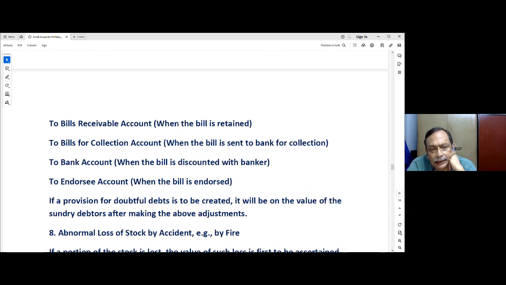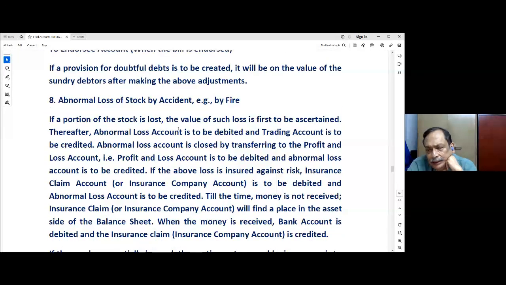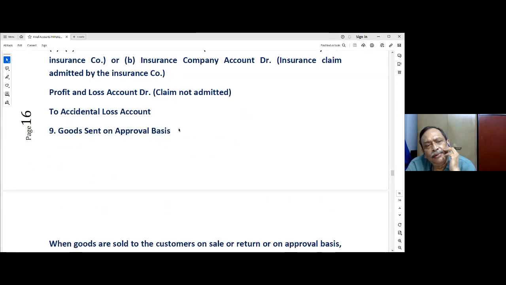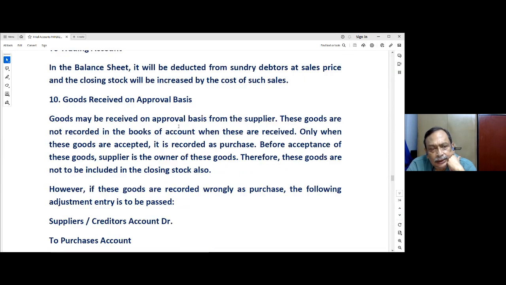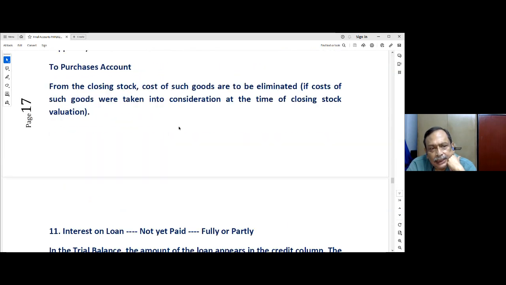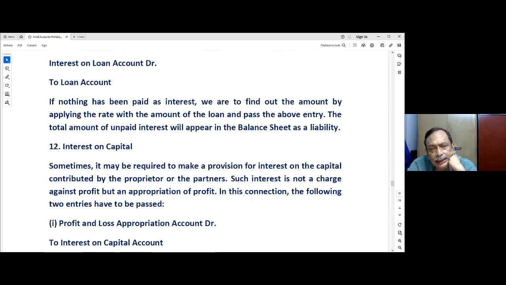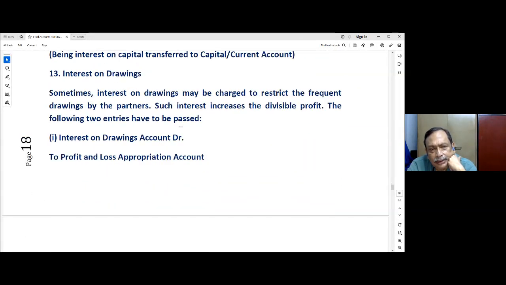then we have considered abnormal loss of stock by accident, that is by fire, then goods sent on approval basis, then we have discussed interest on loan not yet paid, fully or partly, then interest on capital, then interest on drawings.